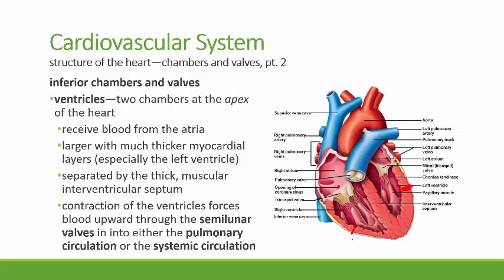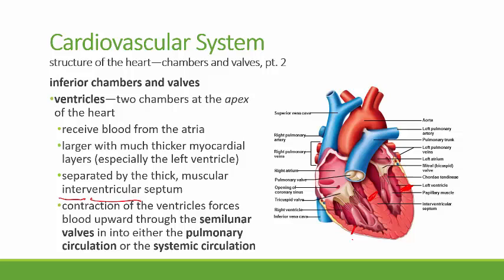With our left ventricle, and again we're looking at this in anatomical position from the point of view of the patient, the left ventricle has an even thicker layer of myocardium. And they're separated from each other by a relatively thick, very muscular interventricular septum. So just like we saw with the interatrial septum, inter because it's between, ventricular because it's between the ventricles.